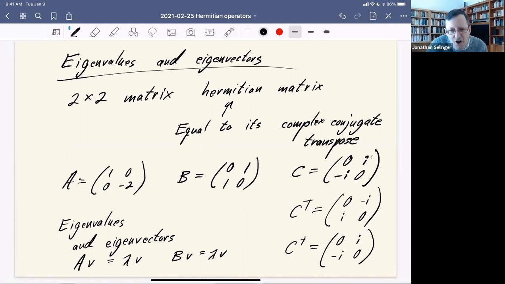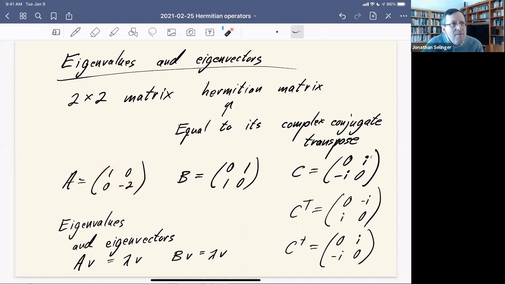But A is already in a diagonal form, right? All the off-diagonal elements of A are 0. So the trick answer is that you can look at it and say, oh, the eigenvalues of A are the things on the diagonal. So 1 and -2.